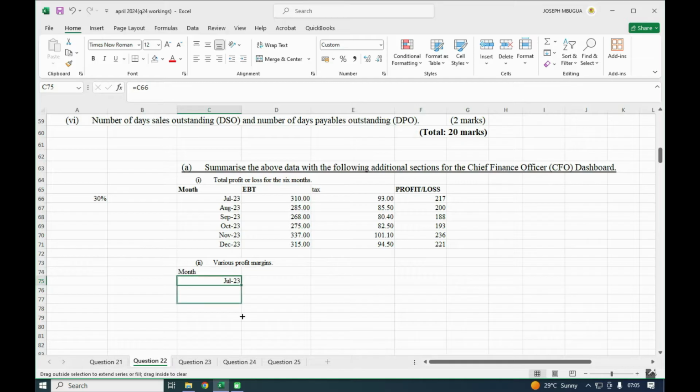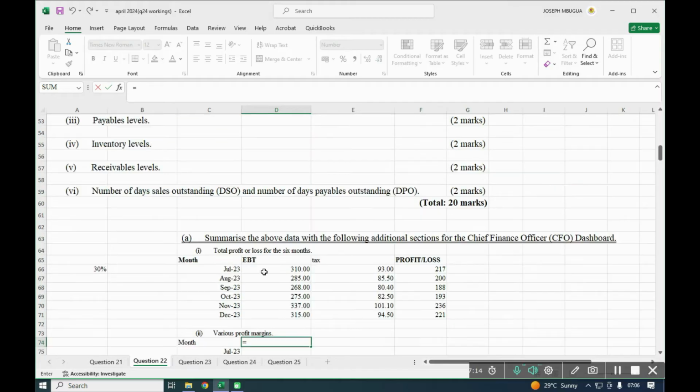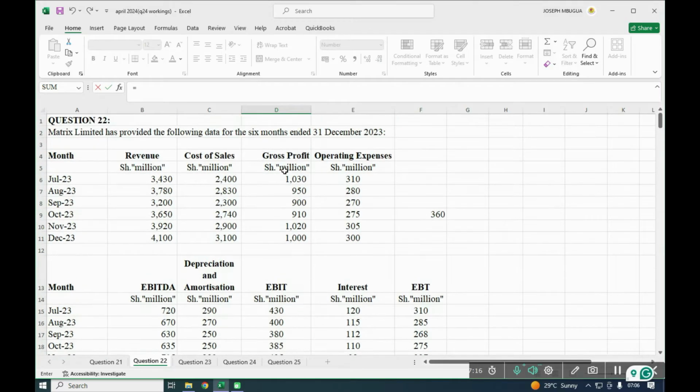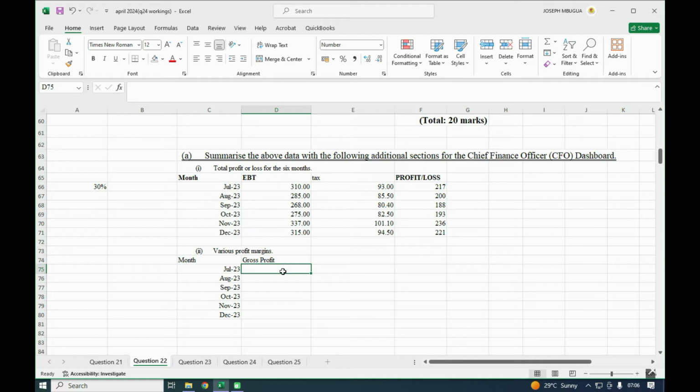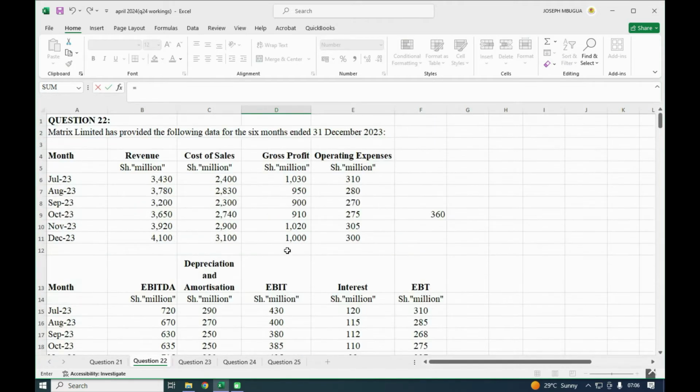The two of them is what we shall calculate under this. And remember, here already we had the gross profit. Gross profit had already been given. Just pick that.